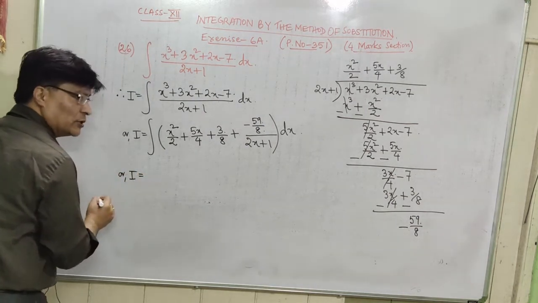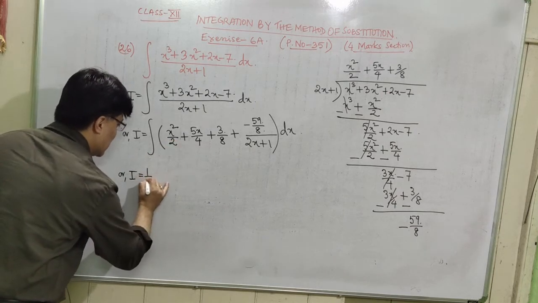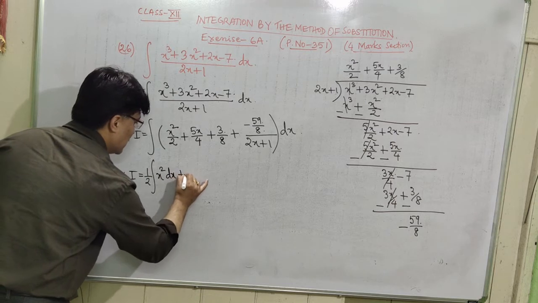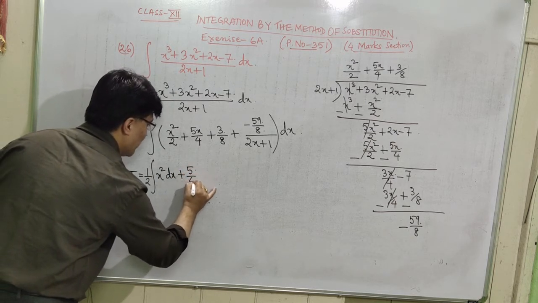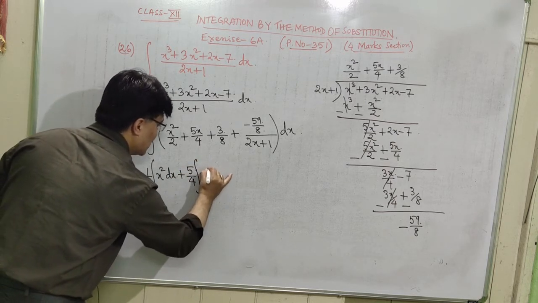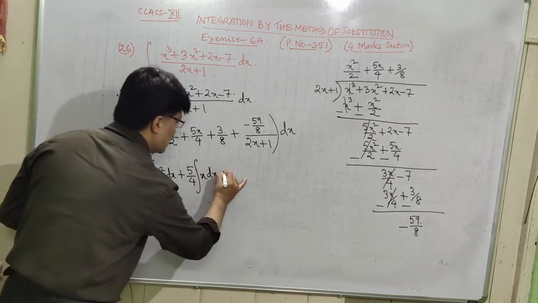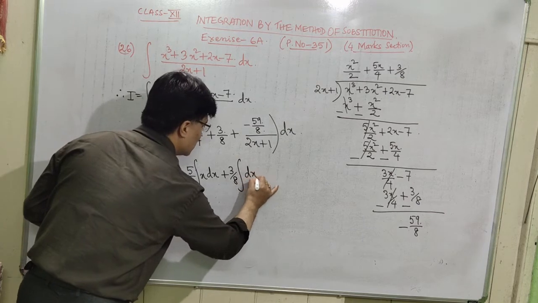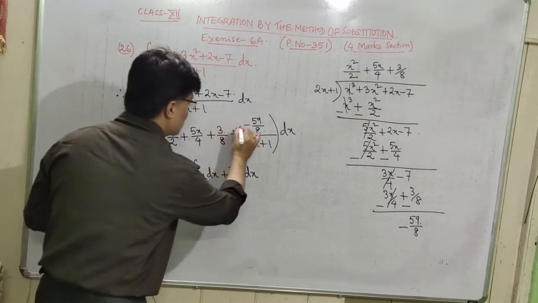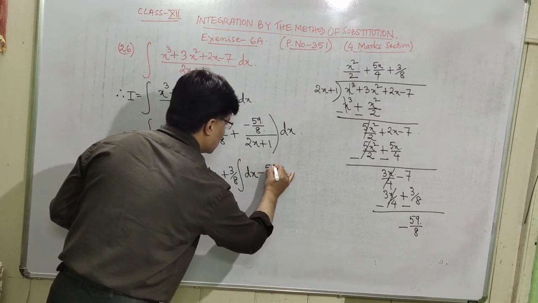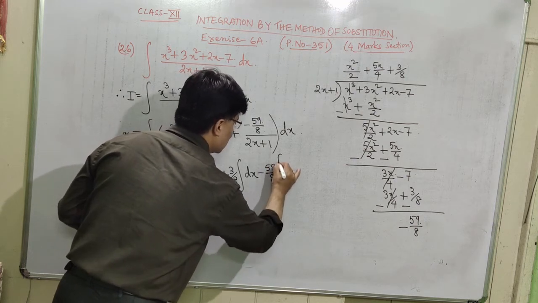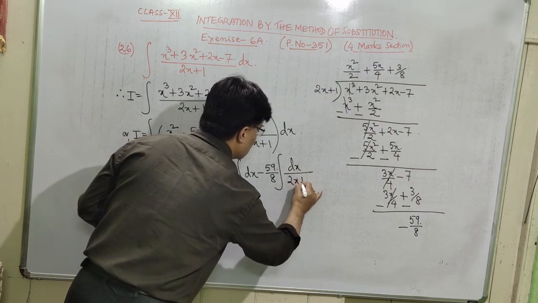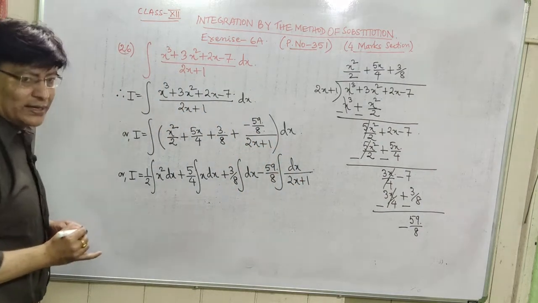So I is equal to half integral sign x square dx plus 5 by 4 integral sign x dx plus 3 by 8 integral sign dx plus and minus, minus 59 by 8 integral sign dx divided by 2x plus 1.